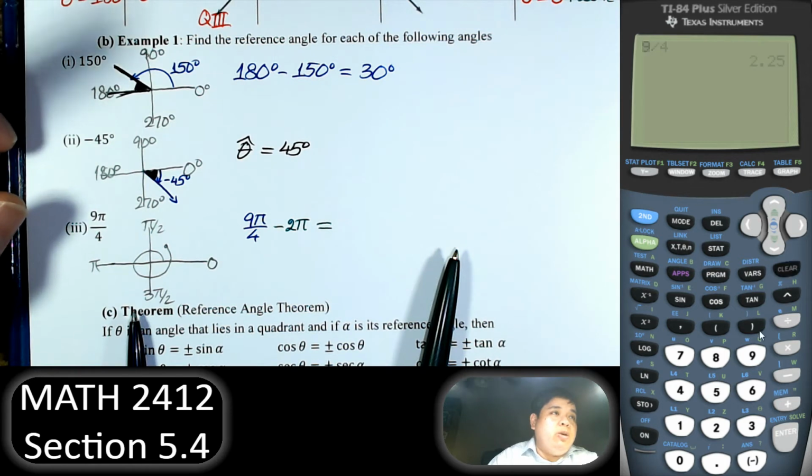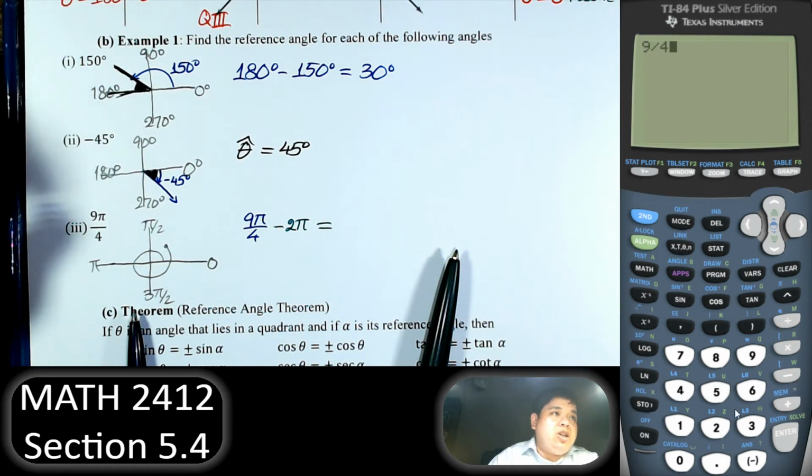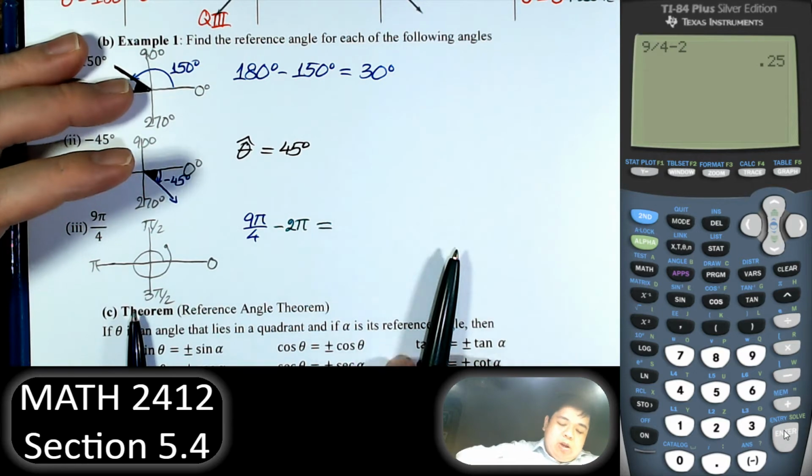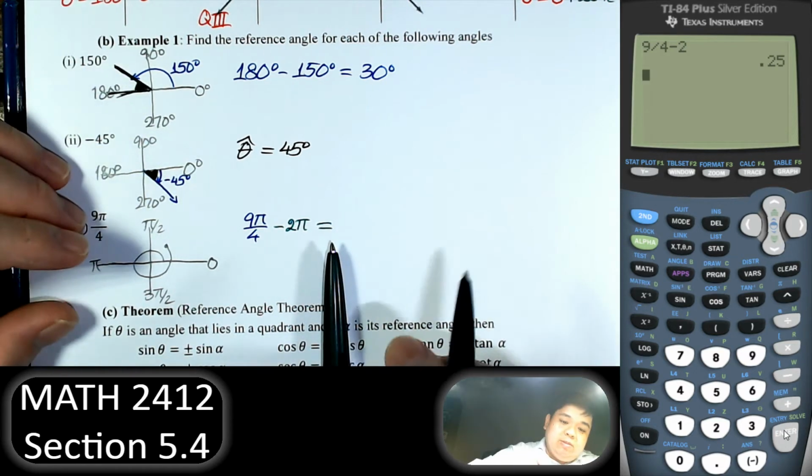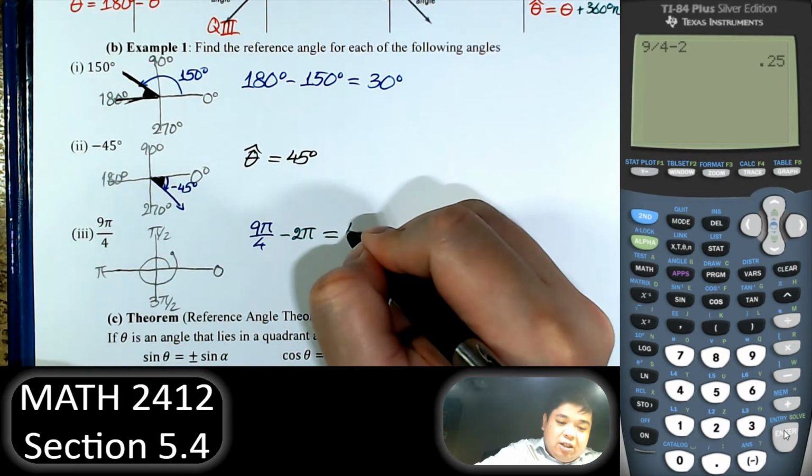So 9 over 4 minus 2 is 0.25, which is pi over 4.